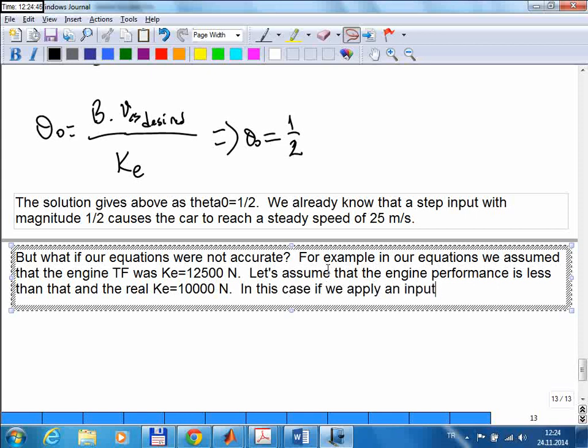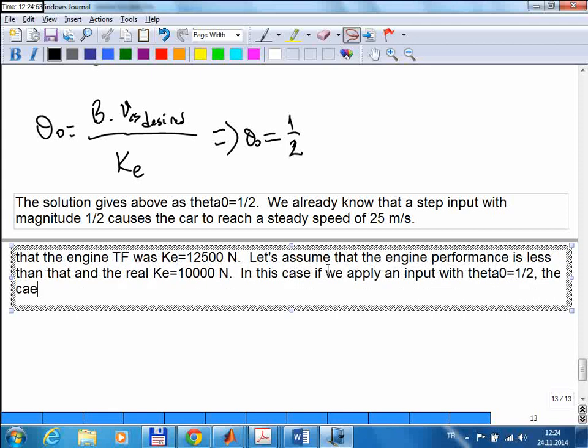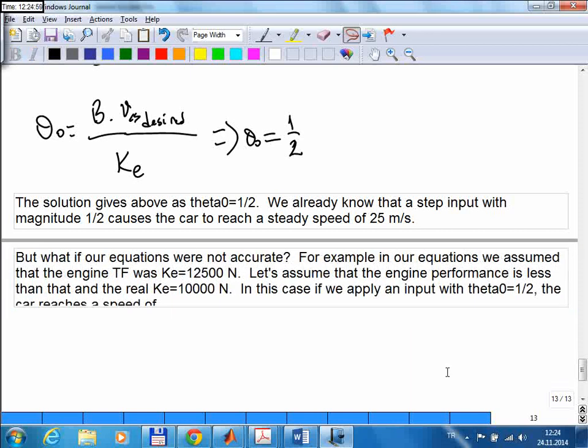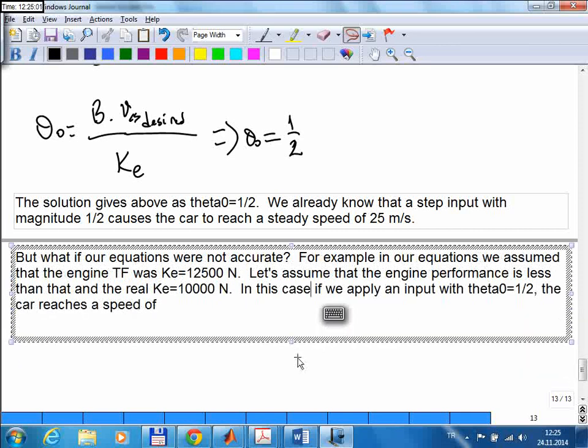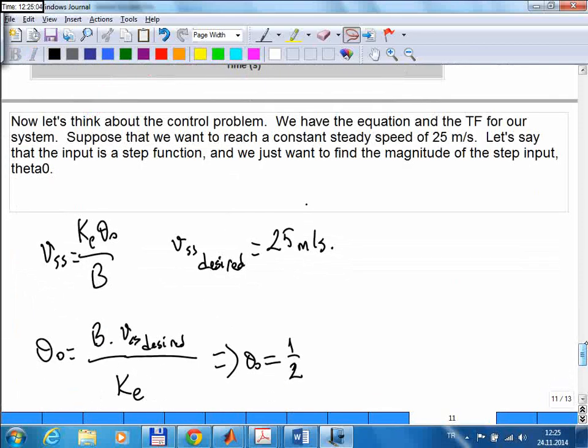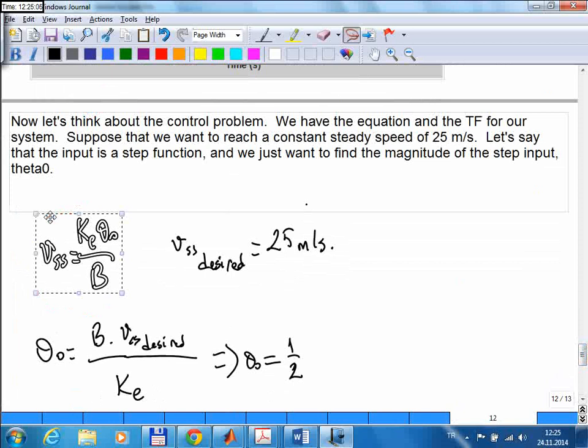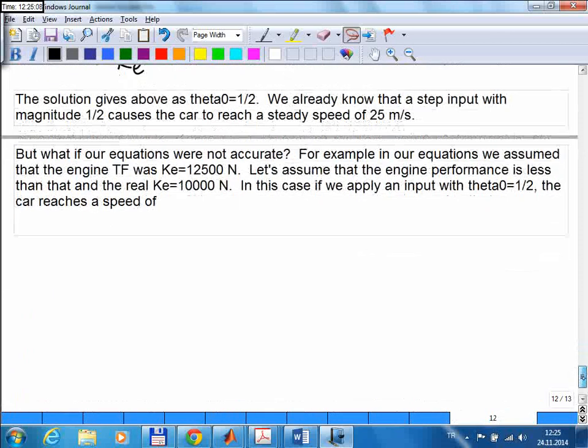Okay, now if we apply an input, I'm going to use the same relation again because nothing has changed.